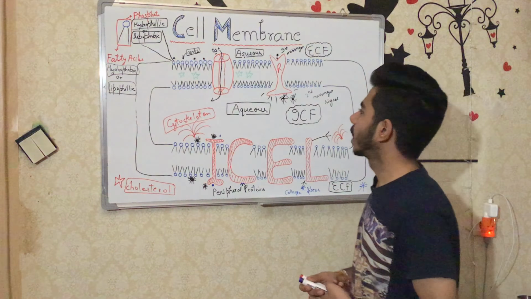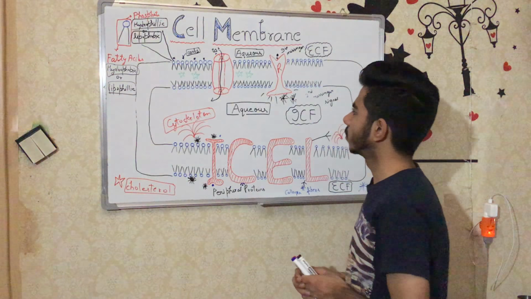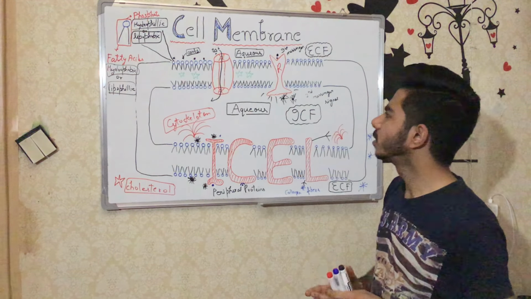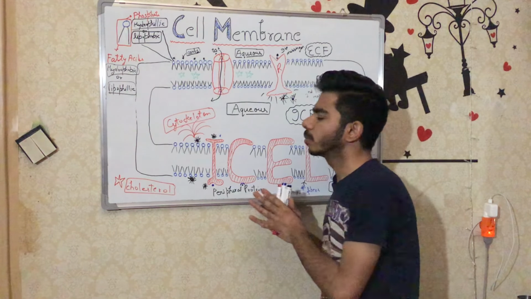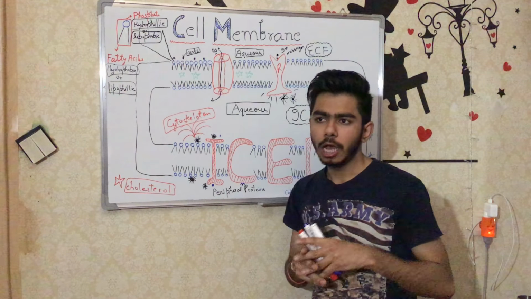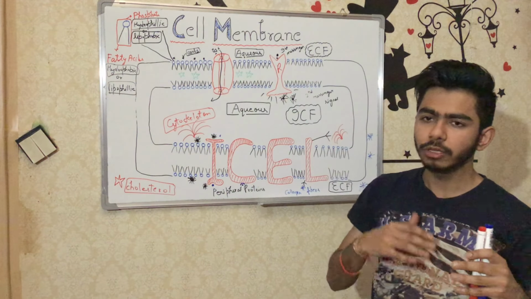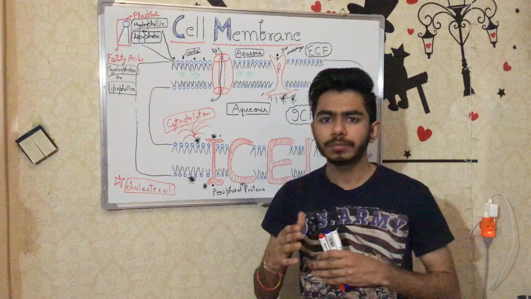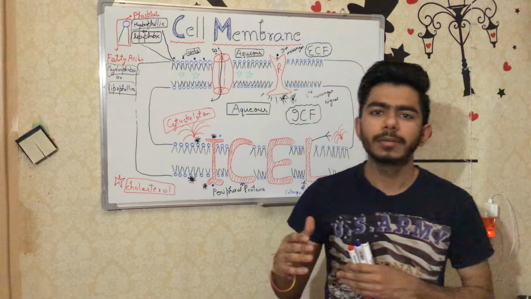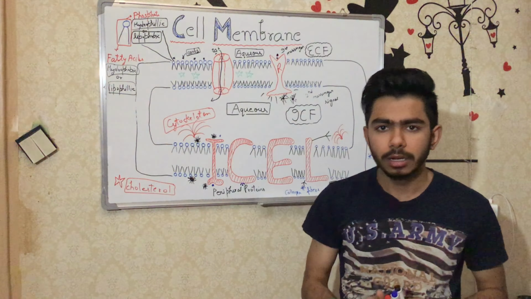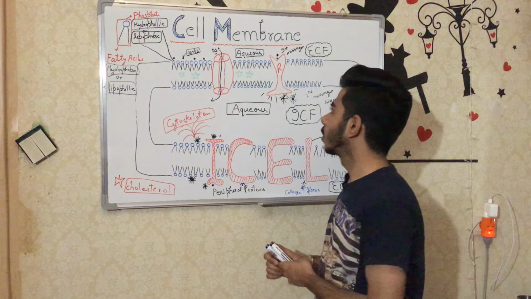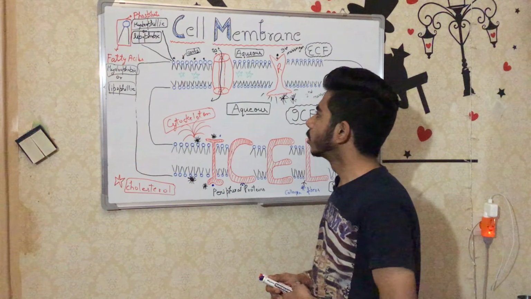So this was about the cell membrane, the phospholipid structures and the associated proteins, how they help substances pass through the cell membrane into the cell, and how they function accordingly.